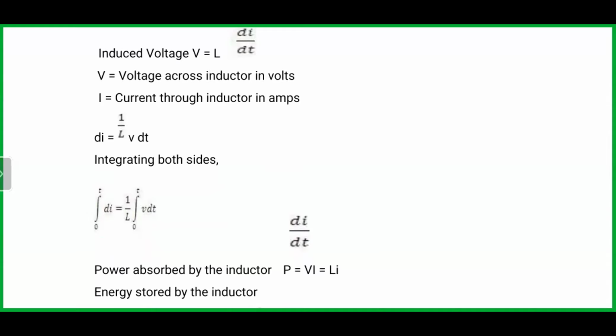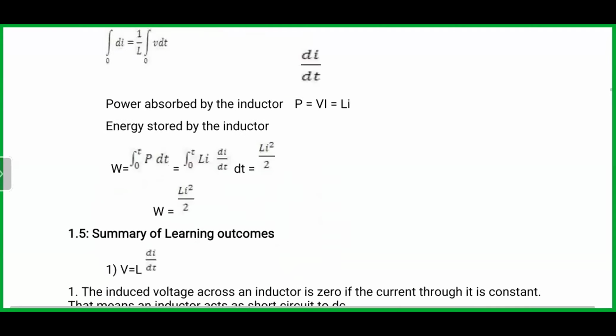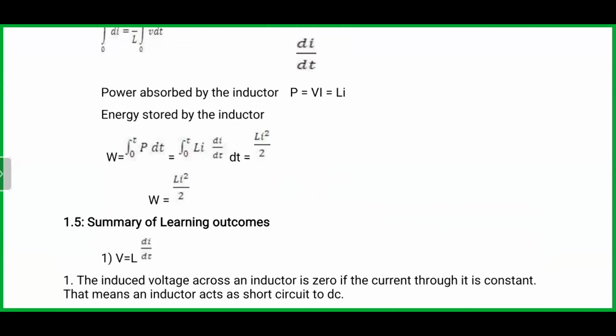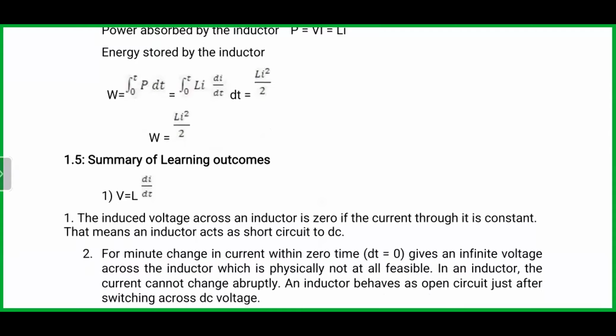So we have the integral of the current equal to the integral of the voltage times 1 over L. In summary, we are going to take only this one: V equals L di/dt.